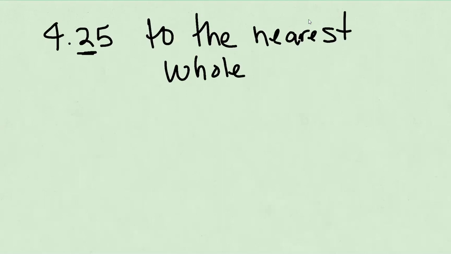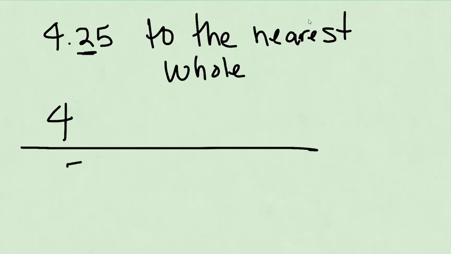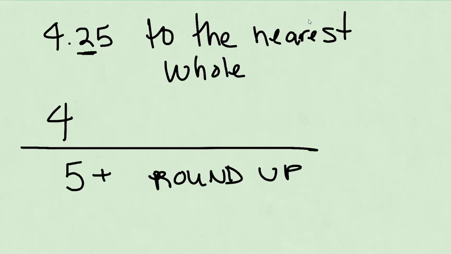You're going to look immediately to the right of the number, and it's a 2, so the nearest whole would be 4. So 5 and up, you would round up. Anything 4 or less, you would leave it alone.